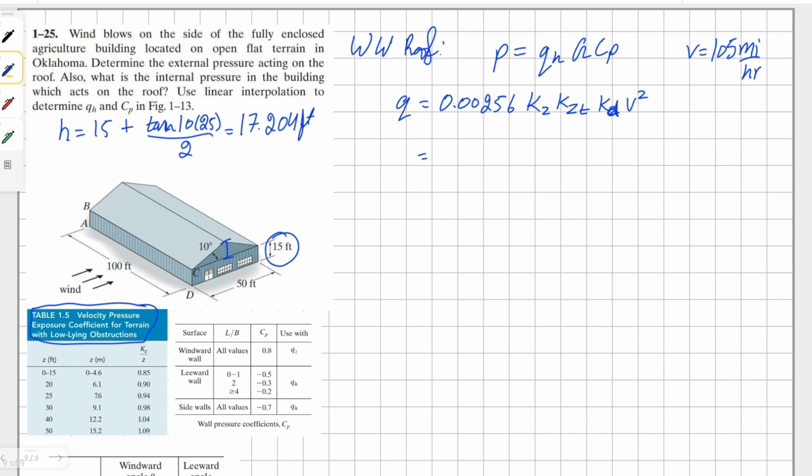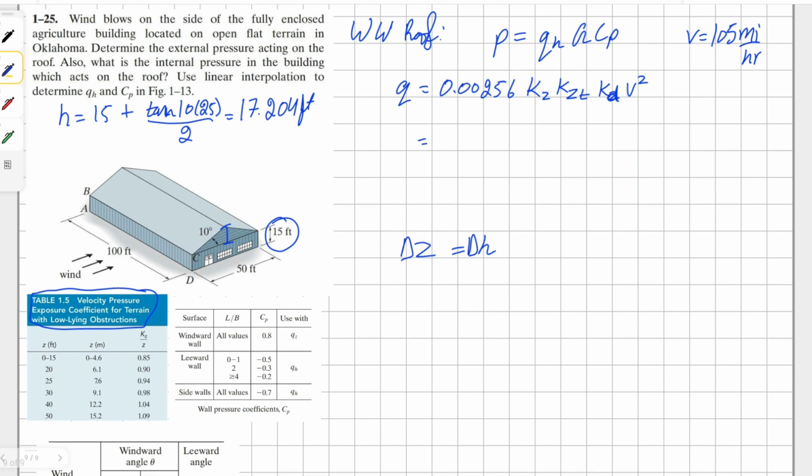So we know from linear interpolation that our height above ground is equal to our mean height. To solve this, first of all, we need our velocity pressure exposure coefficient for 2 points in our slope, and these 2 points should be where our needed point is in the line.